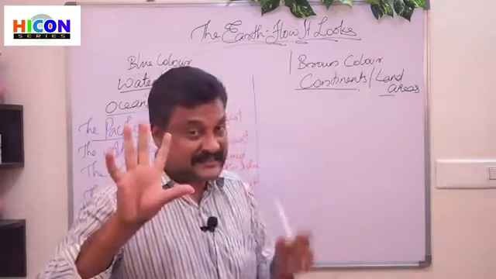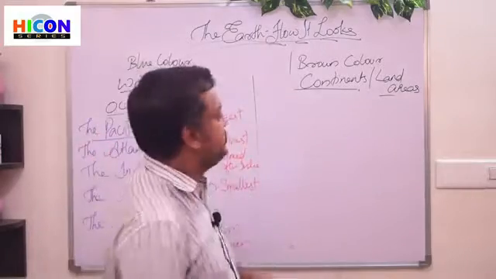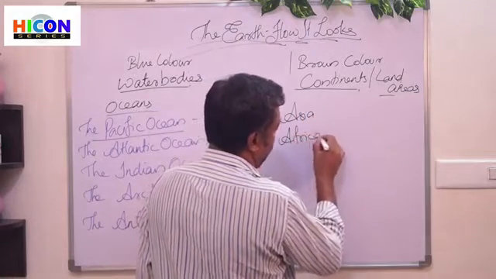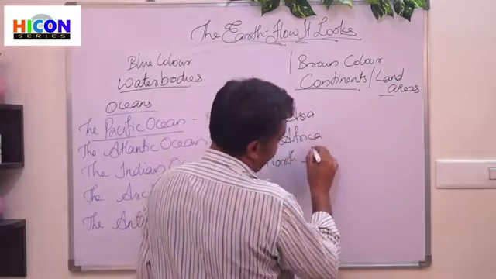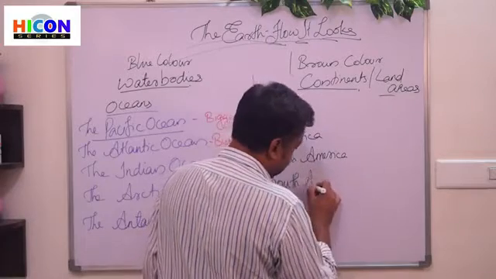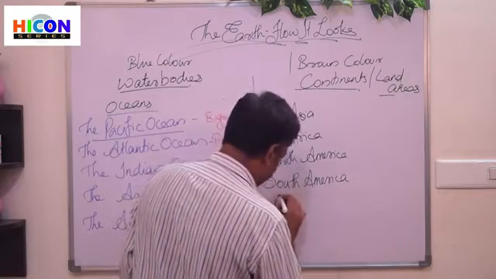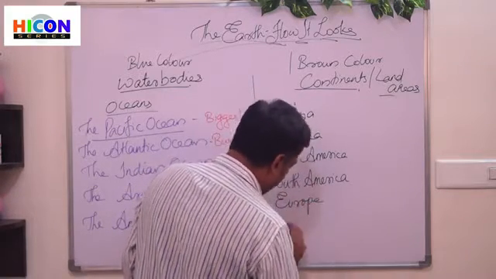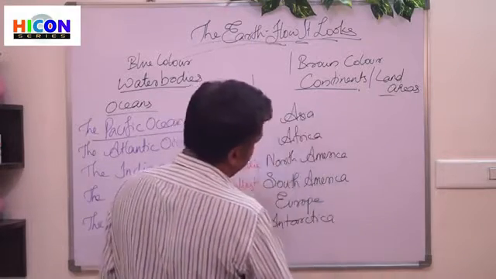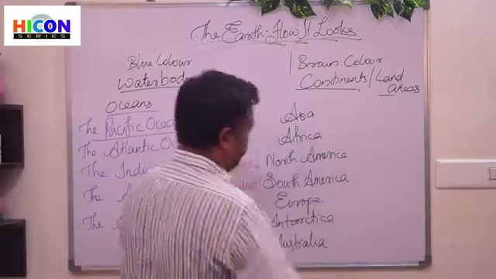Okay, we have 7 continents, and they are Asia, Africa, North America, South America, Europe, Antarctica, and Australia.